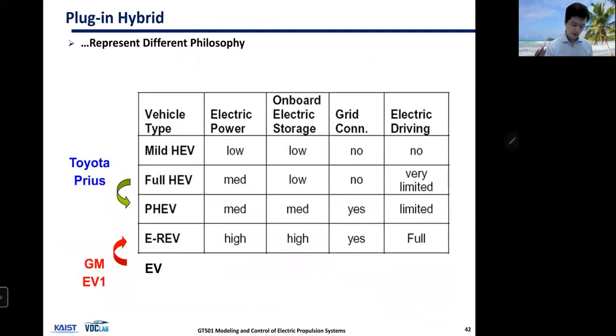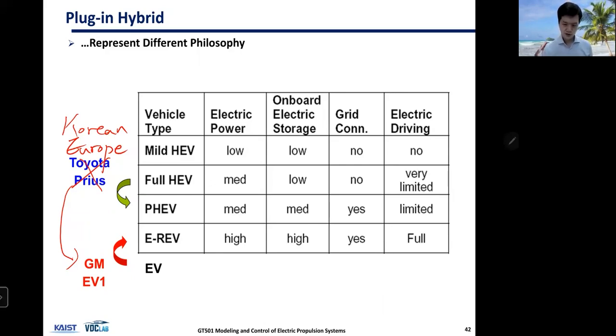So by the way, Toyota Prius has now moved to this EREV approach, and usually Korean and European OEMs manufacture these blended type plug-in hybrids because Korean and European OEMs use parallel architecture, whereas Prius and GM Volt architecture uses two motor or multi-mode split type architecture.